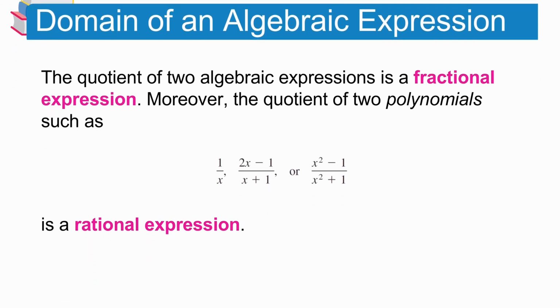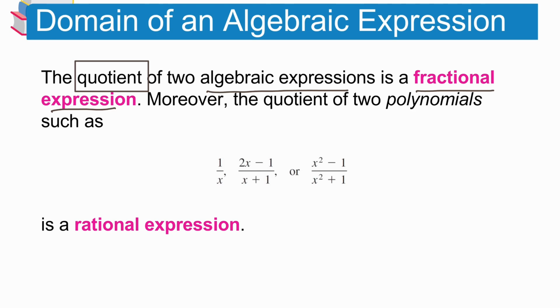Here, the quotient that we've been talking about on several of these, a quotient is one number divided by another. And so a quotient of algebraic expressions is called a fractional expression because it's a fraction of expressions.